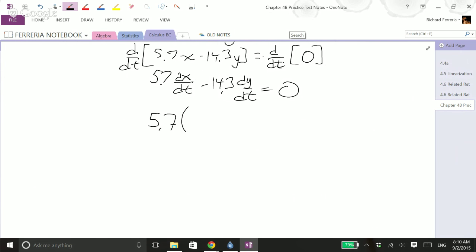Is x shrinking or is x growing? It is shrinking. So technically speaking, if a quantity is decreasing, getting smaller, that derivative should be negative. Equals negative 14.3 dy dt.